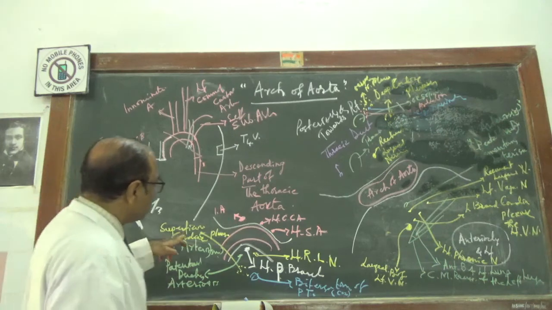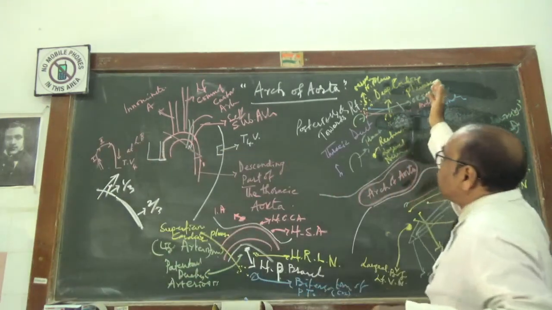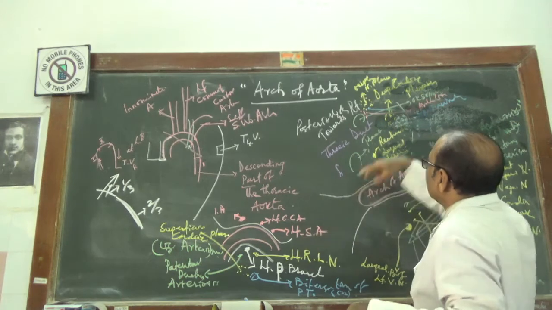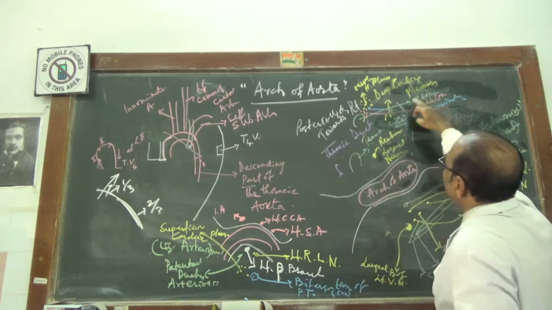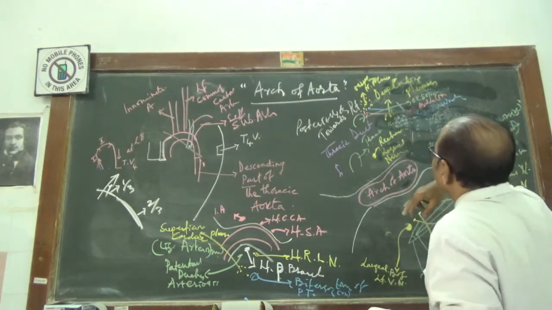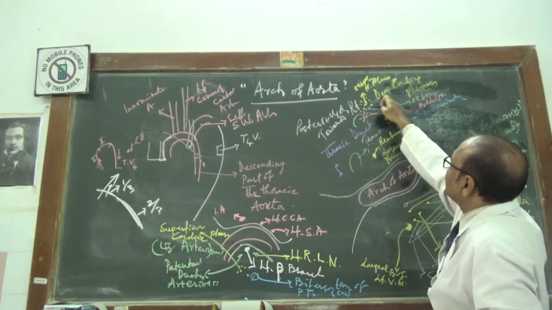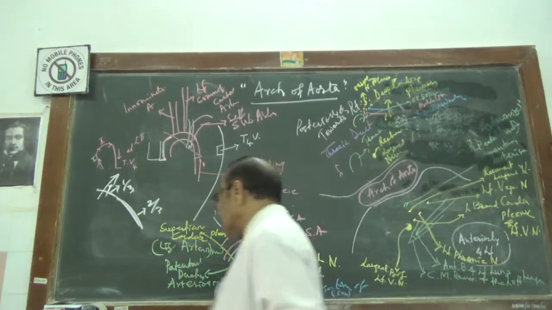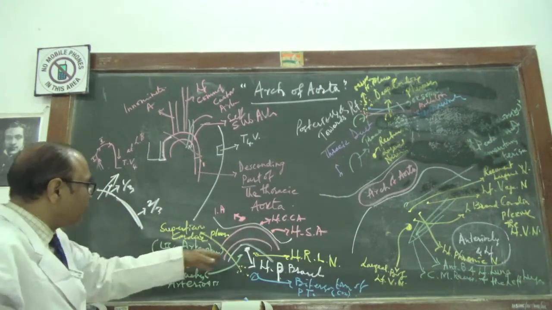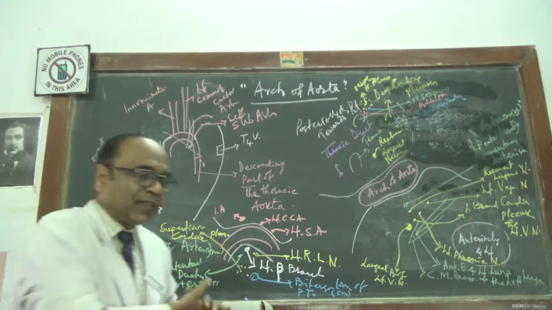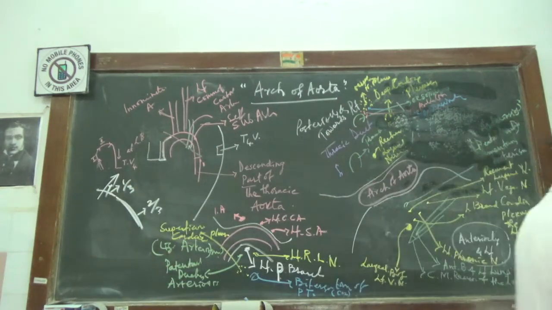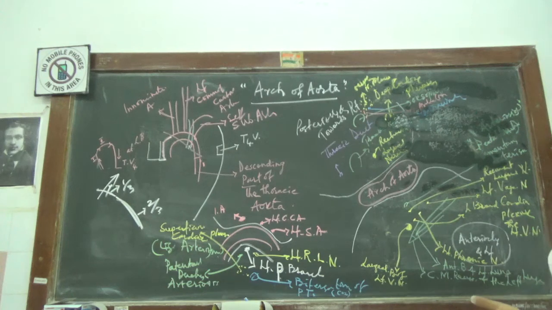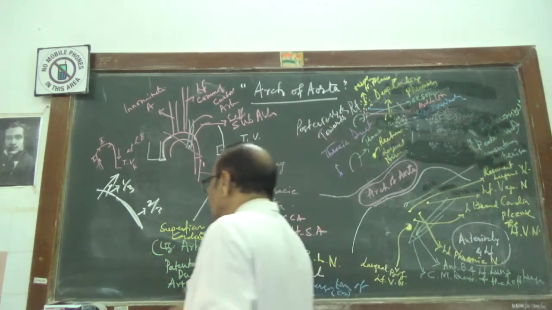So you have to remember here, posteriorly and towards the right, you will have a deep cardiac plexus, along with the esophageal plexus of nerves. But inferiorly you will have a superficial cardiac plexus. Now this superficial and deep cardiac plexus is rather the nerve supply, which you have dealt with very well in detail.